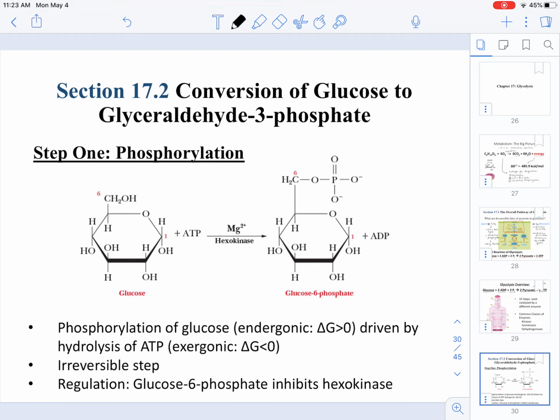And as you can see, this specifically is going to be requiring hexokinase as your enzyme. Hexokinase requires magnesium, which, as you can see, this is a divalent cation. ATP is going to be our source of phosphate.